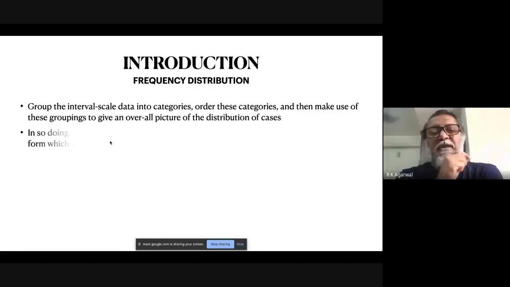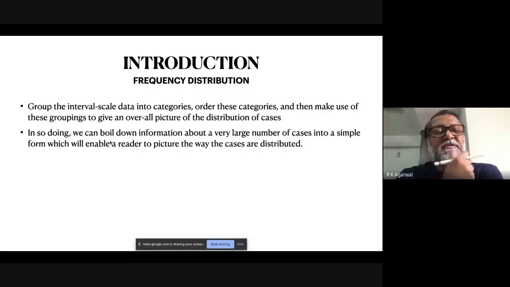Now, what do we achieve by categorizing interval scale data? In doing so, we can boil down information about a very large number of cases into a simple form. So when you have data, then probably they are in raw form and you cannot draw too many conclusions out of it unless you arrange them, unless you group them, unless you categorize them into some classes.